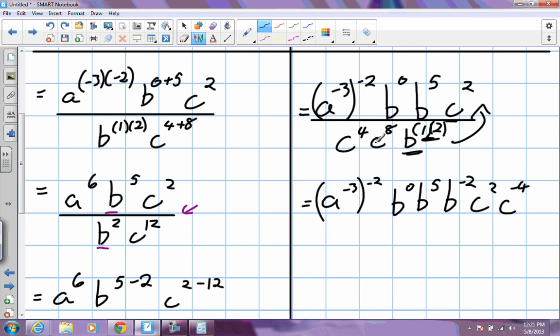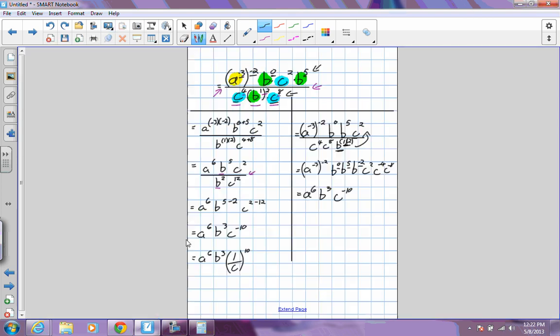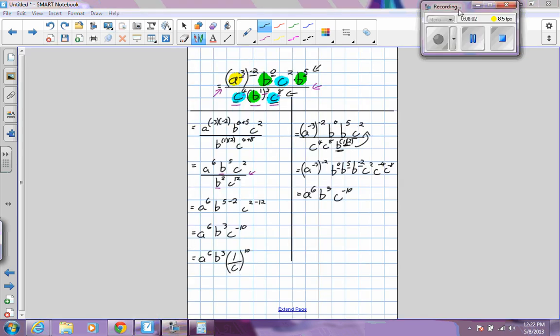I've now gotten rid of the fraction, and I can just use my multiplication rules. So this becomes a6, add all of these together, b3, and add all of those together, c negative 10. So that's another way we could have gone about solving this. It just depends what you're more comfortable with.